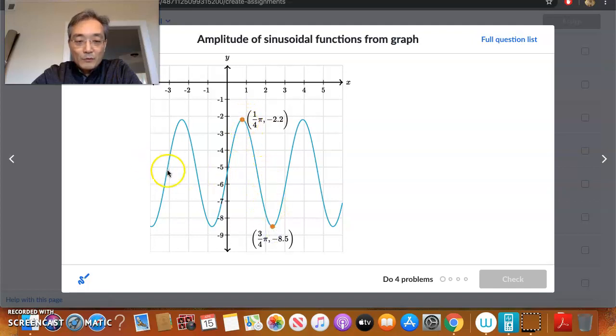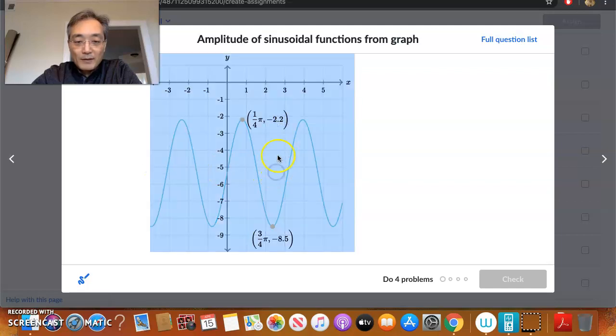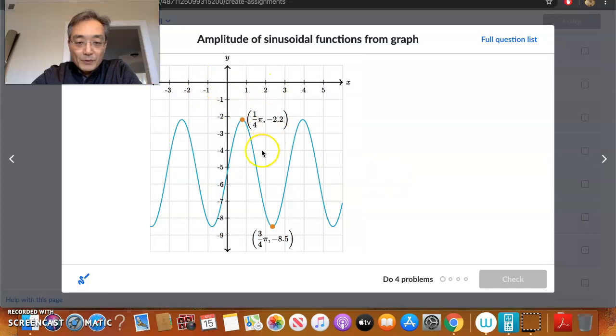So if we imagine that there is a horizontal line halfway between the maximum and the minimum somewhere, and I'm not sure exactly where, I'd have to do the math, then the amplitude is the distance from that midline to the maximum, which would be equal to the distance from the midline to the minimum. Either way, they're going to be the same.